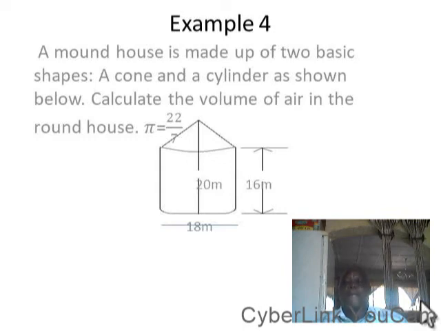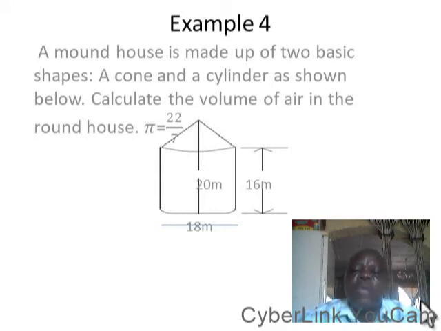The volume of a cone is given as 1/3 pi r squared h, while the volume of a cylinder is simply pi r squared h.